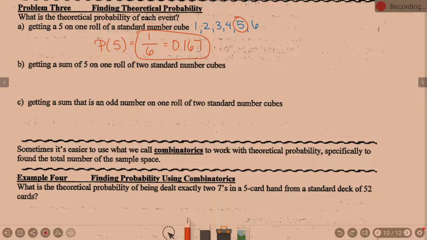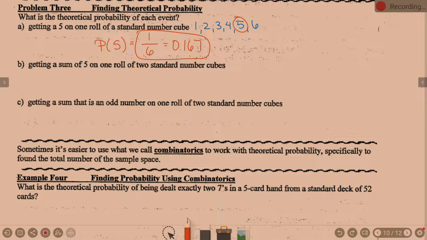B. Getting a sum of 5 on one roll of 2 standard number cubes. So now what are we talking about? Rolling 2 dice? A pair of dice? Now, how many possibilities on one die? 6.